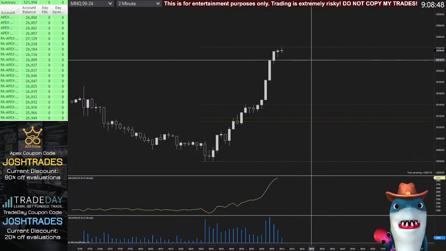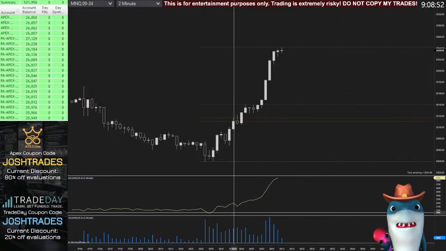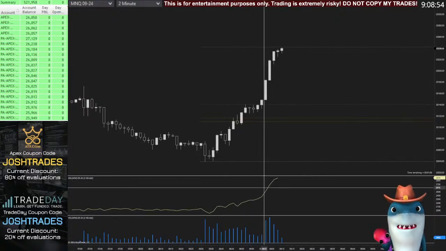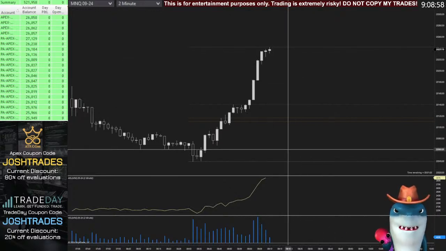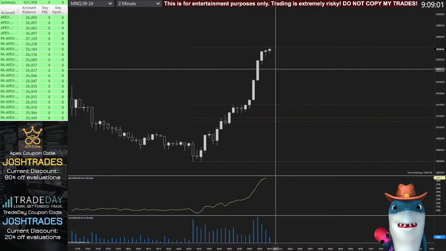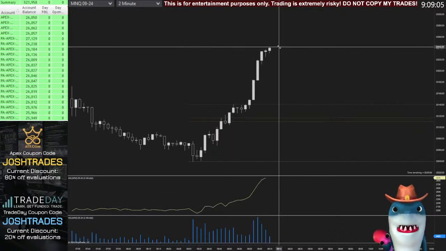But yeah, we'll see what happens. AD is just going straight up, following price, so there's no divergence. We're bullish right now. If it wasn't already obvious from the price chart, AD has confirmed that we are very bullish right now.